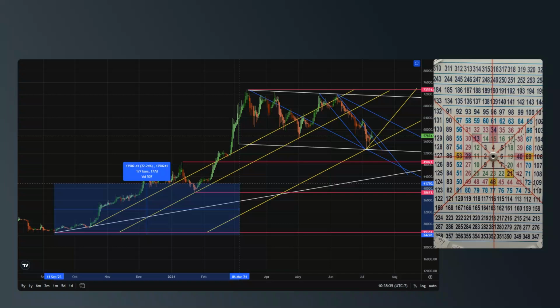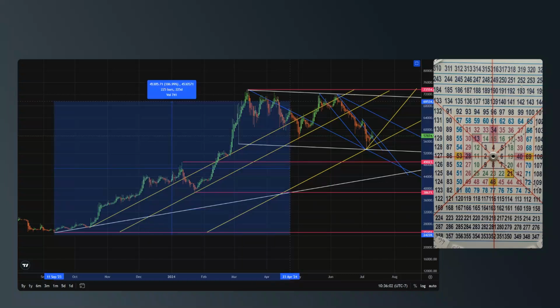Okay, let's add another 45, and that's going to bring us to 225. That's April 23rd and our lower top, and is subsequently around the same area as this price level here.